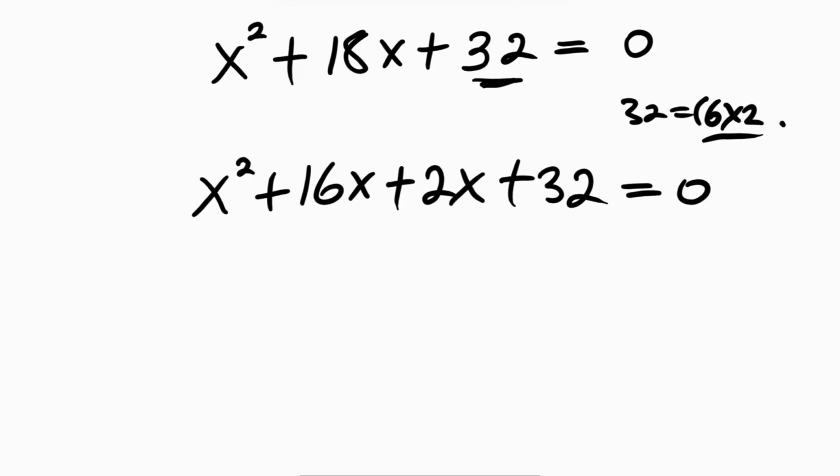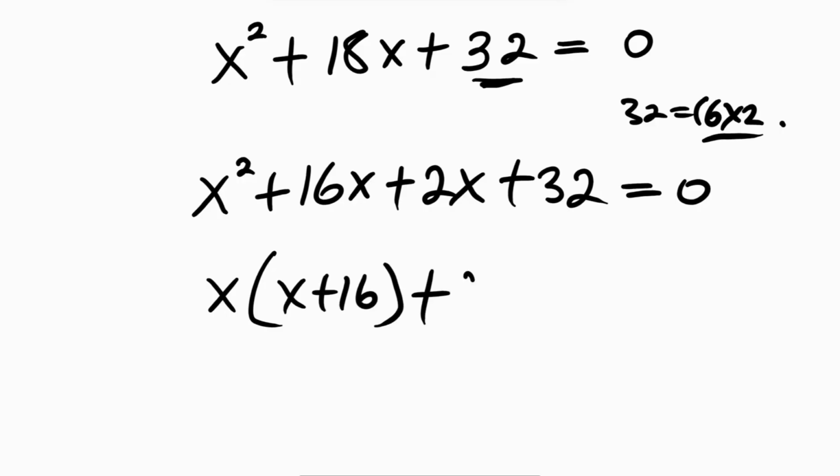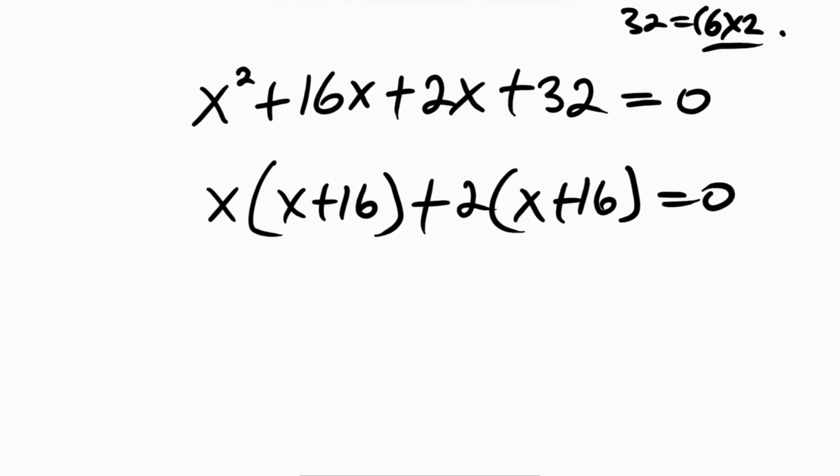So now we have x² and we have x into bracket (x + 16), plus 2 into bracket (x + 16), equals 0.